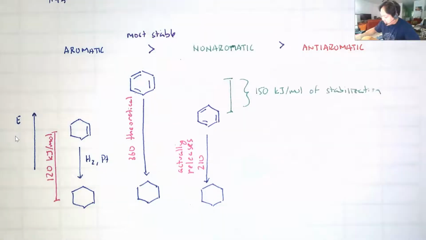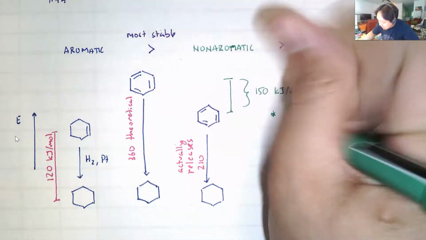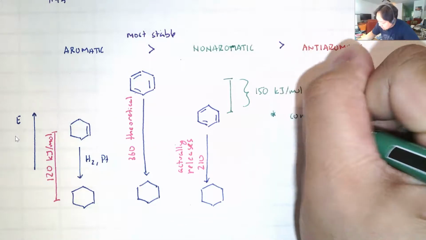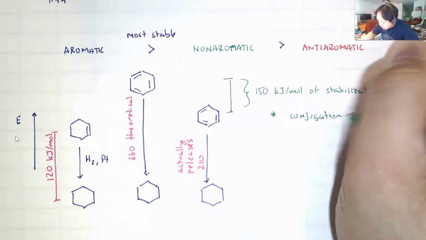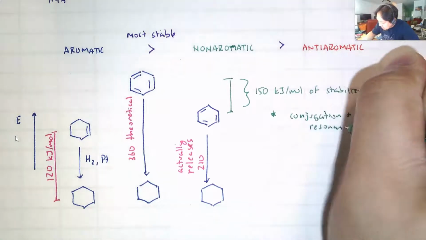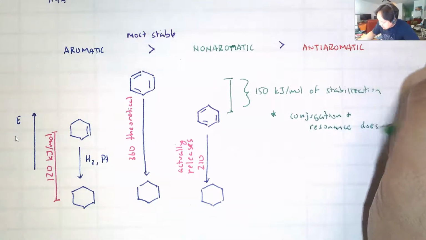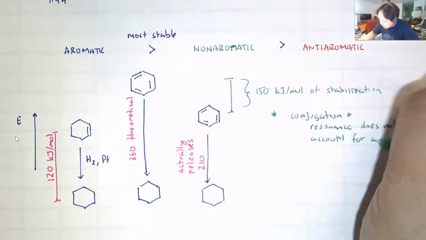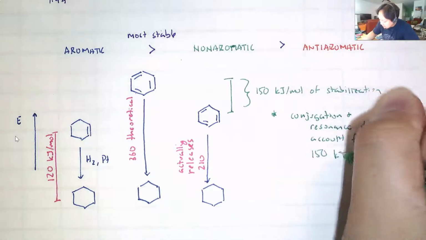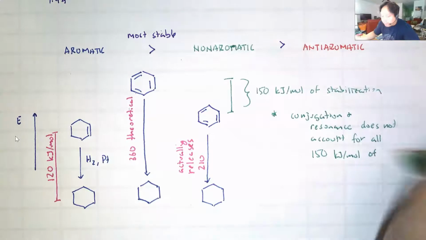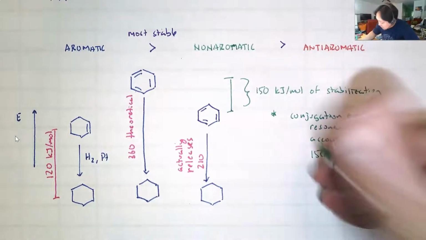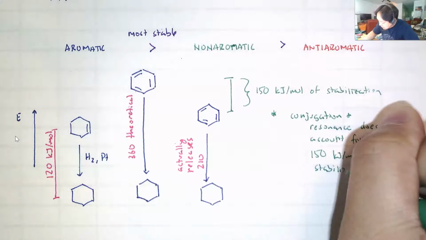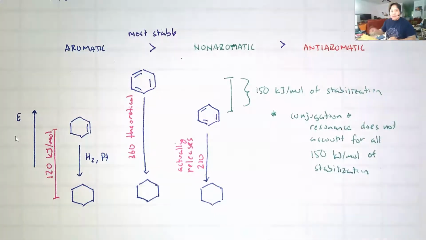That's actually a very important point: conjugation and resonance do not account for all 150 kilojoules per mole of stabilization. So that's one set of data using the experiment of heats of hydrogenation.